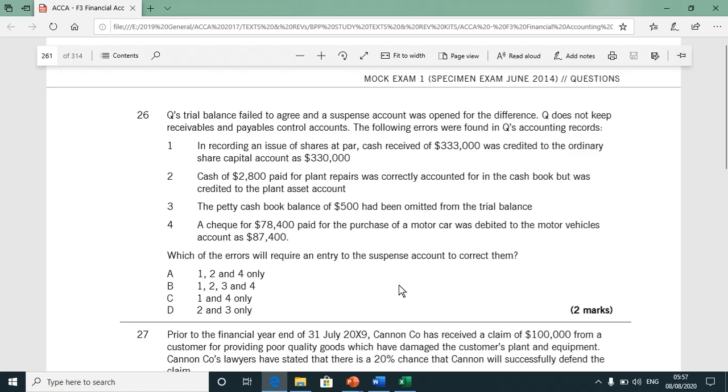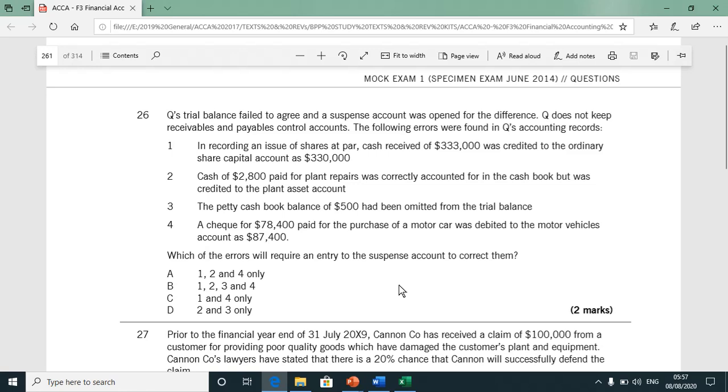Then 3 says the petty cash book balance of 500 had been omitted from the trial balance. Again, that will mean that the debit side of the trial balance is low by 500. Again, that will require a suspense account. And then finally, a cheque of 78,400 made for the purchase of a motor car was debited to the motor vehicles account as 87,400, a transposition error.